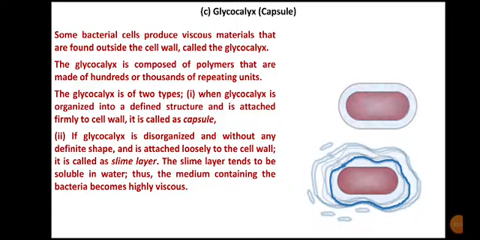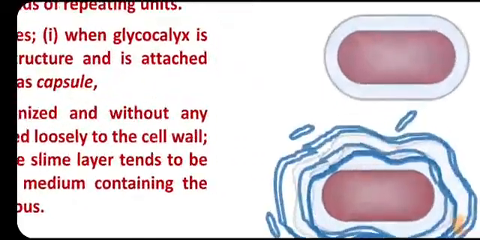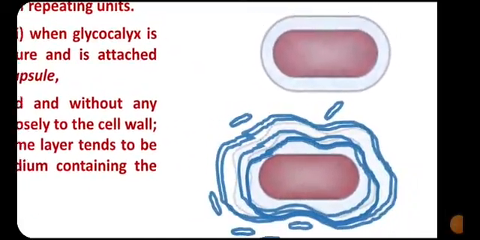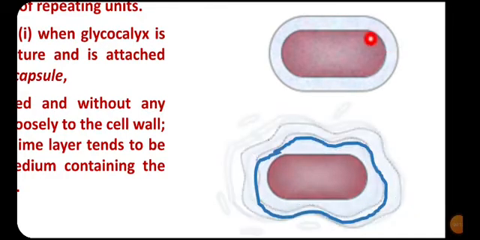Such types of bacteria are responsible for the clogging of, for example, pipes. So this is the difference that you can see between a bacterial capsule and the slime layer.